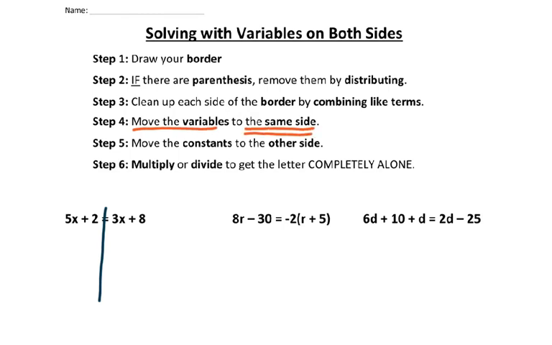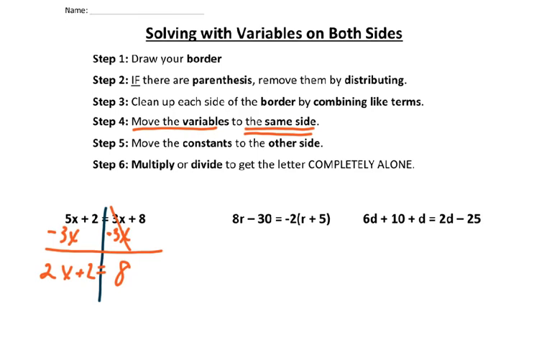What that means is I need my letters to be on the same side of the equal sign. So if I look at this, I need to take my 3x and subtract it. Minus 3x. If I subtract 3x here, I need to subtract 3x here. So now I have 5x's minus 3x's is 2x's plus 2 equals 8.